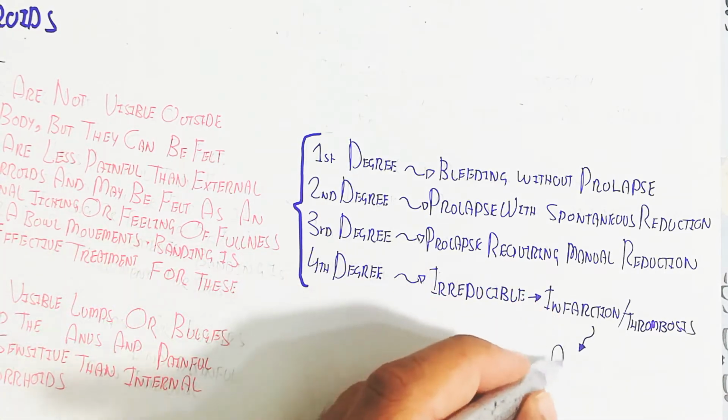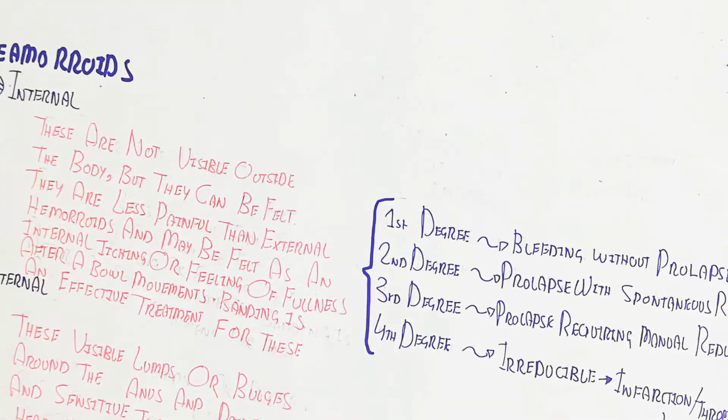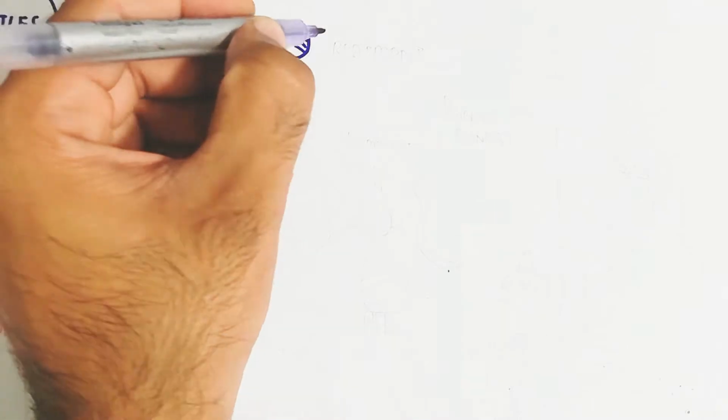So these are the 4 degrees related to hemorrhoids and piles of the internal type.